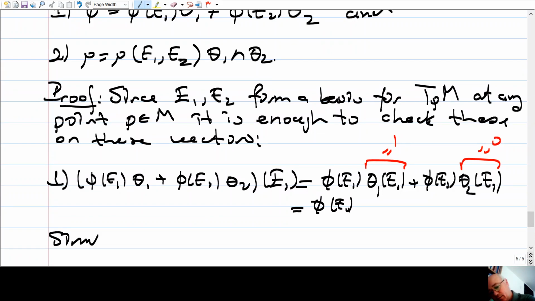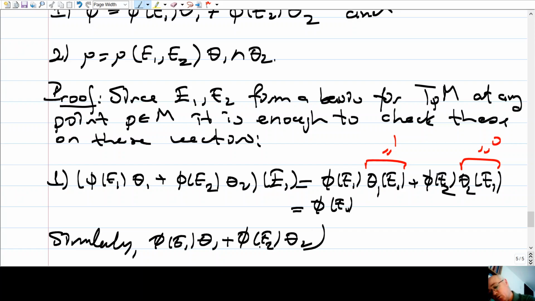Similarly, the same holds for the second one, theta 2 on E2.